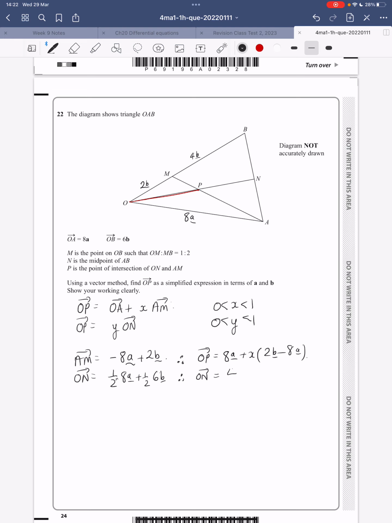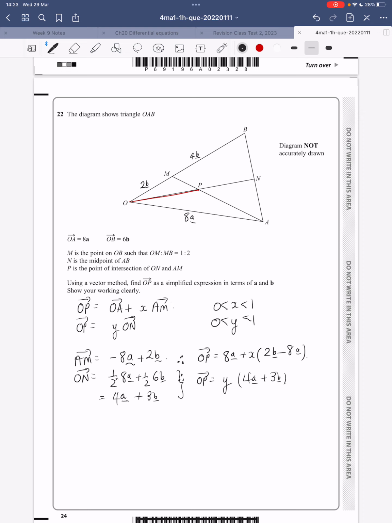O to N is 4A, because it's the midpoint of A to B. We do half of what we need to do to get to A, and add on half of what we need to do to get to B, which is 3B. So it's plus 3B there. So O to P is also y lots of 4A plus 3B.